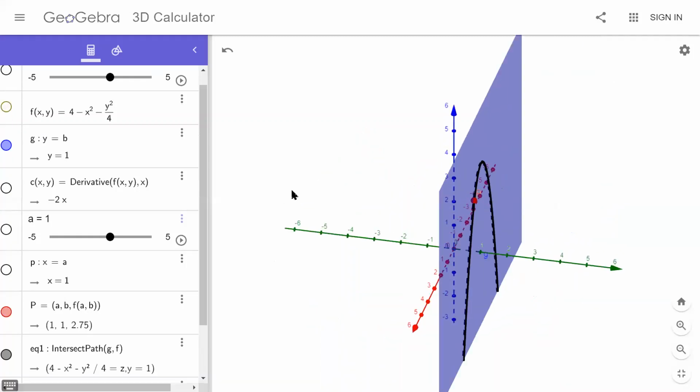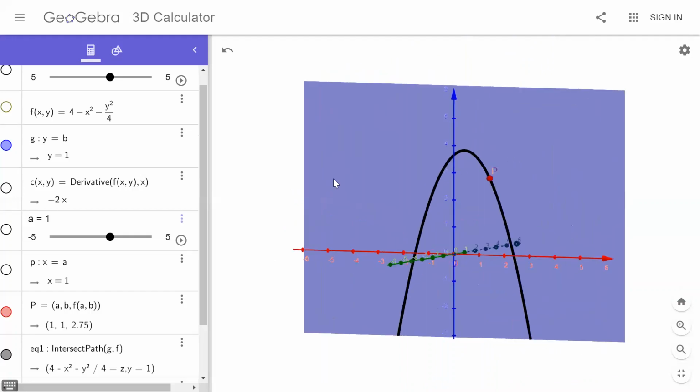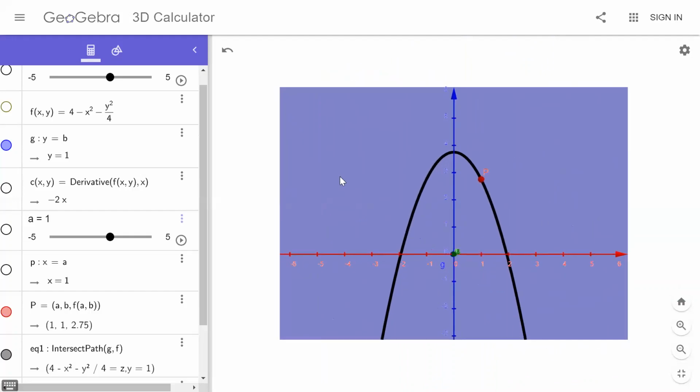Then I will reorient it like this, for example, because the y-axis no longer matters. The green axis is the y-axis. So our curve, this is what the graph of capital G looks like. So it is a function of x. When I move x around, I get a point on the curve.